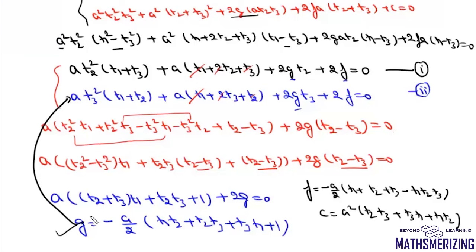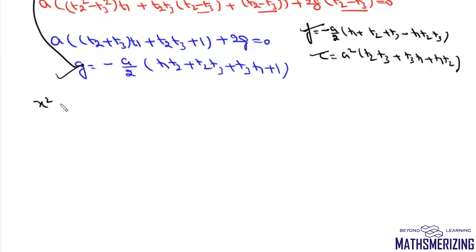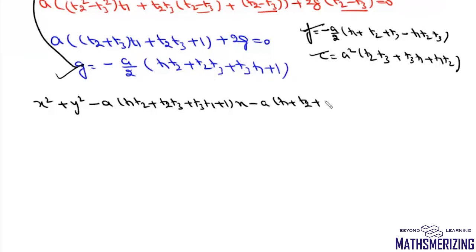So now we have the value of g, f and c. Then we can write equation of this circle. So if we write this equation, we can write this equation as x square plus y square plus 2gx will be a (t1 t2 plus t2 t3 plus t3 t1 plus 1) into x, and then plus 2fy will be a (t1 plus t2 plus t3 minus t1 t2 t3) and then plus c.